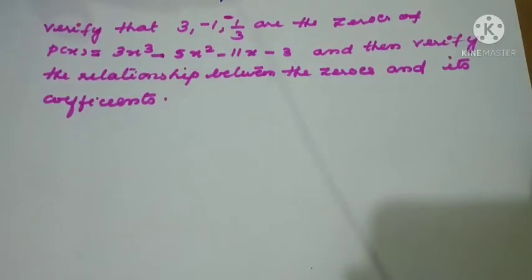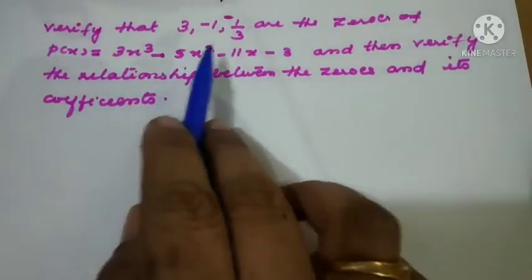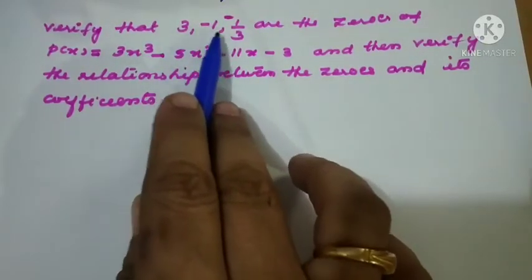Verify that 3, minus 1, minus 1 by 3 are the zeros of p of x equals 3x cube minus 5x square minus 11x minus 3. Then verify the relationship between the zeros and its coefficients. So a cubic polynomial is given and they ask whether they are the zeros.